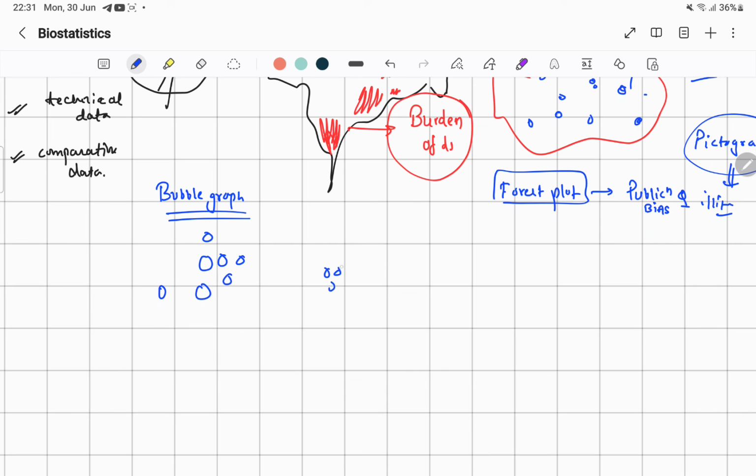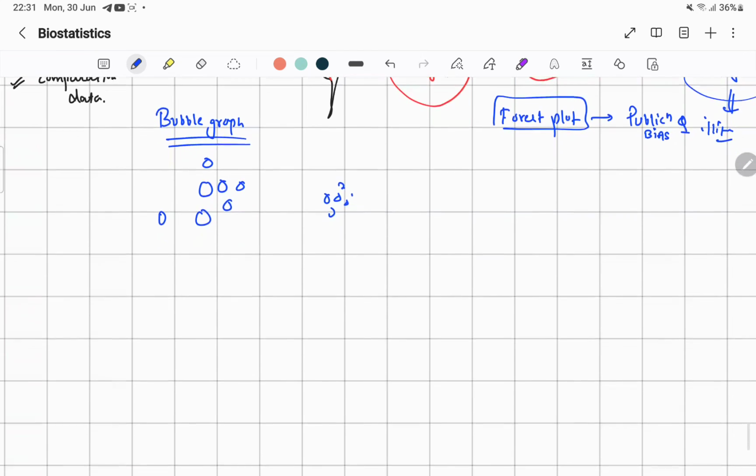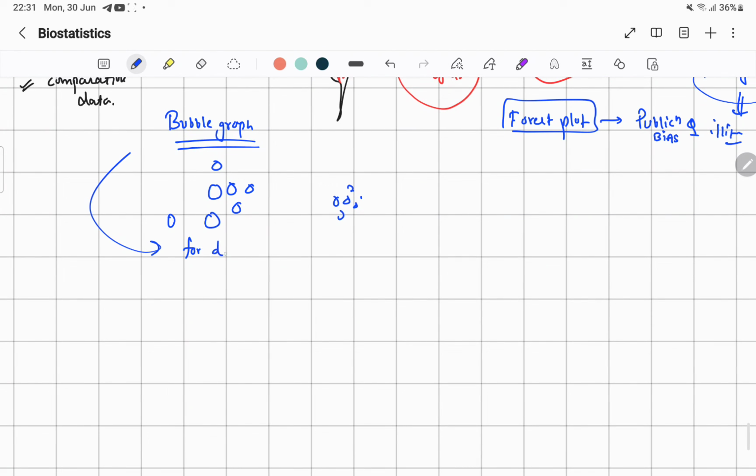Bubbles were represented like this on the world map. This is a bubble graph, same for disease intensity. Tree map, for qualitative data in proportion.